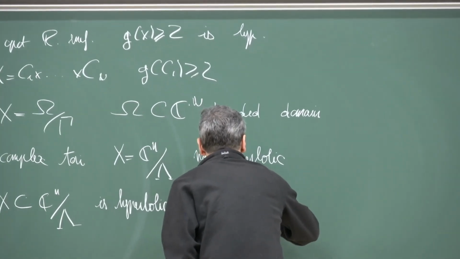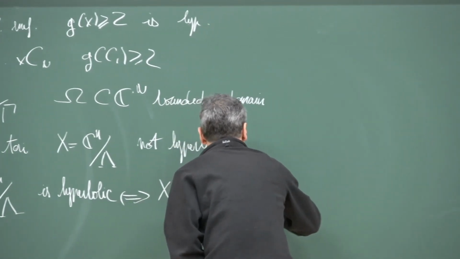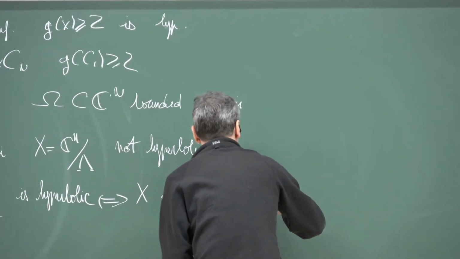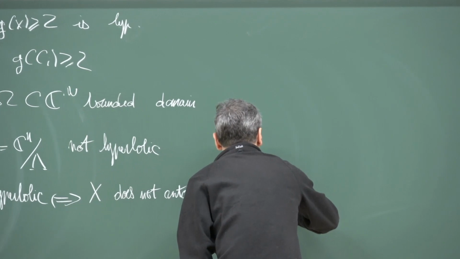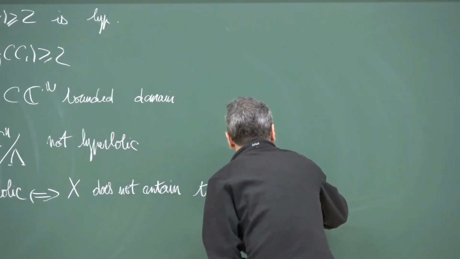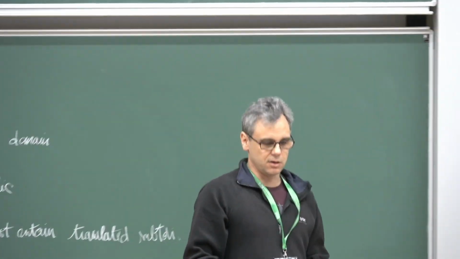So X does not contain a translated subtorus. So of course one direction is easy, the other is not.